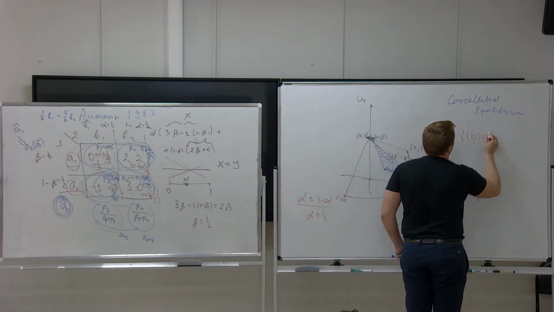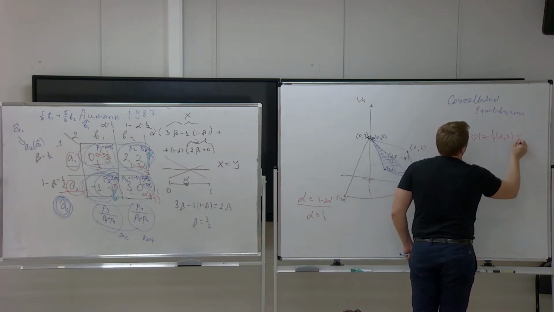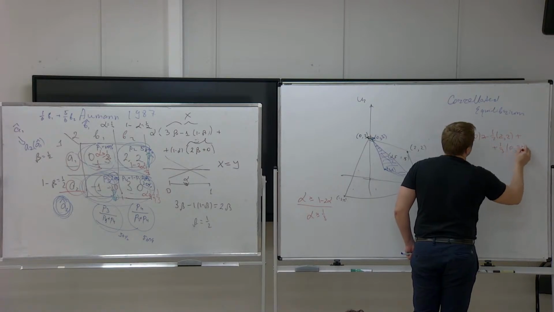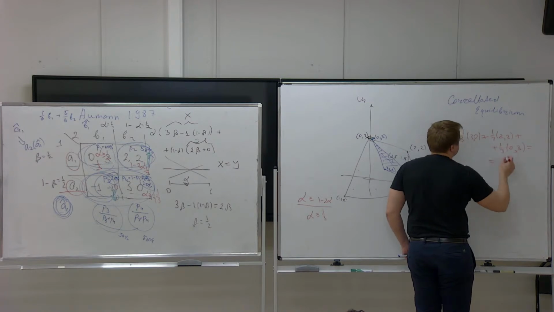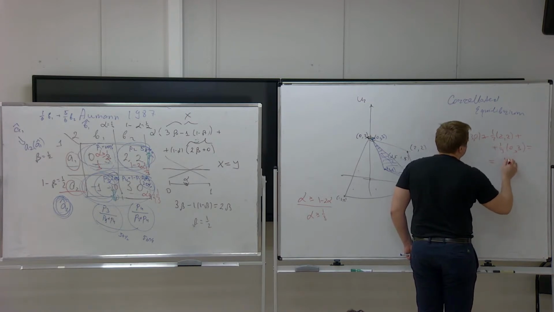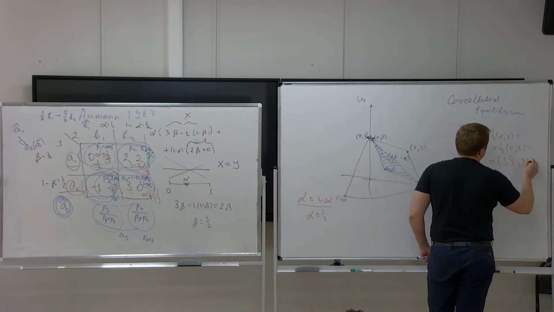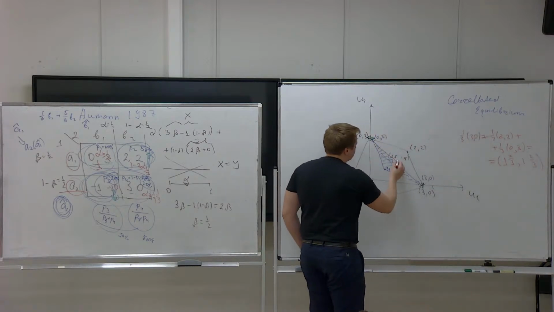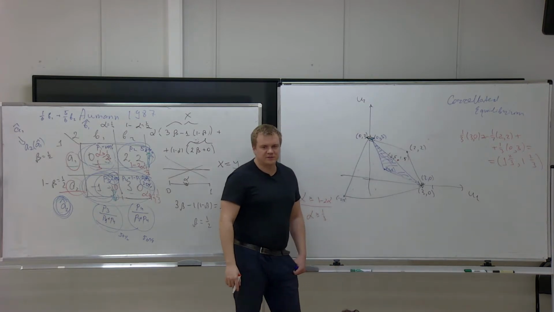With probability 1/3, I get 2, 2. And then with probability 1/3, I get 0, 3. And this gives me 1 and 2/3, 1 and 2/3, which is somewhere here, or 1.5.